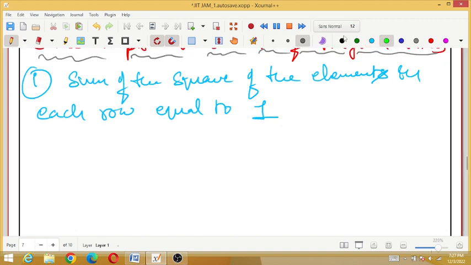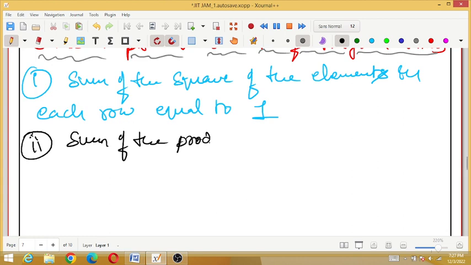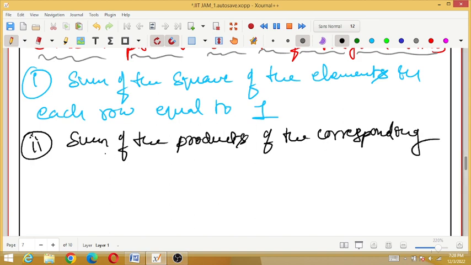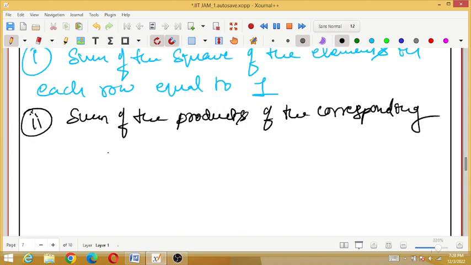ನೆಕ್ಸ್ಟ್ ಪಾಯಿಂಟ್, ಸೆಕೆಂಡ್ ಪಾಯಿಂಟ್, sum of the products of the corresponding elements in distinct rows is 0.